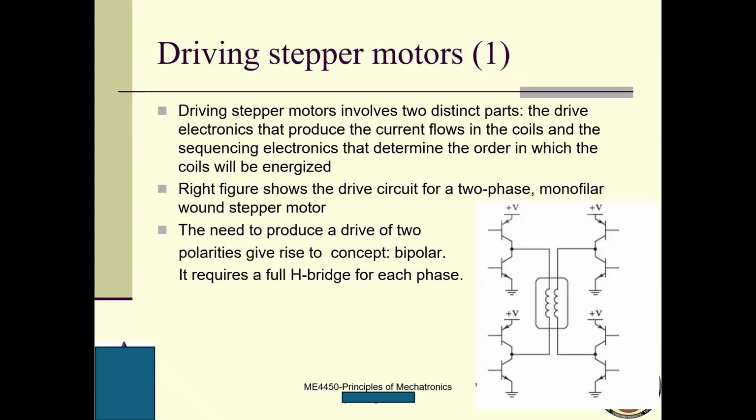So this is the monofilar. Monofilar corresponds to bipolar. Write down this: monofilar corresponds to bipolar. The same thing for the second phase, we have this half H bridge and this half H bridge.